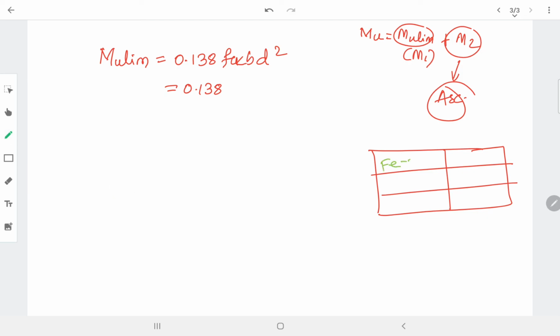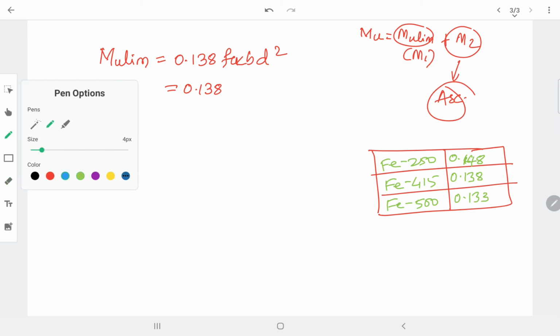For Fe 415 it is 0.138 fck b d square, for Fe 500 it is 0.133, and for Fe 250 it is 0.148 fck b d square. These will be taken into consideration, whereas in our problem we have Fe 415. That's why I am taking 0.138 fck b d square.